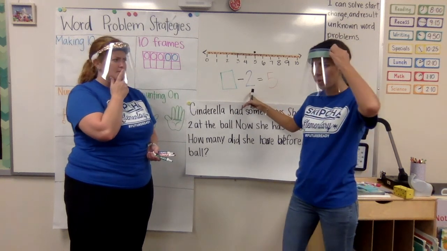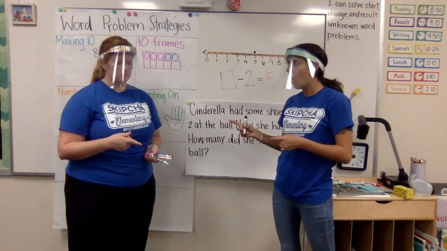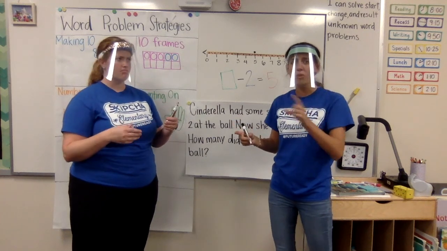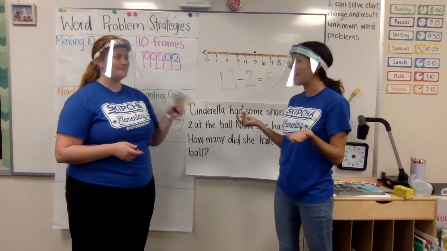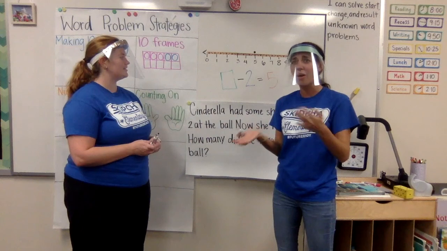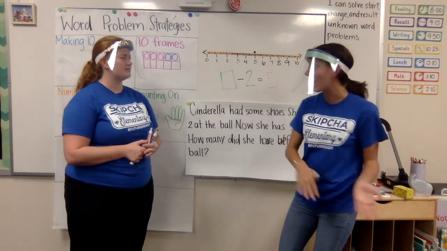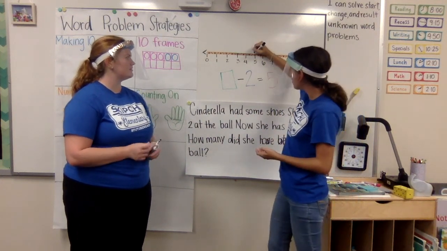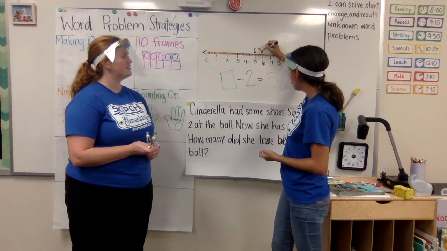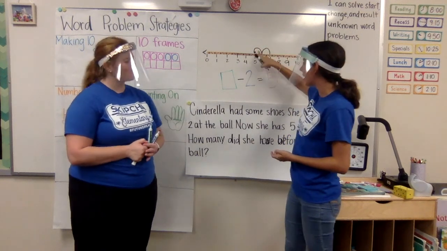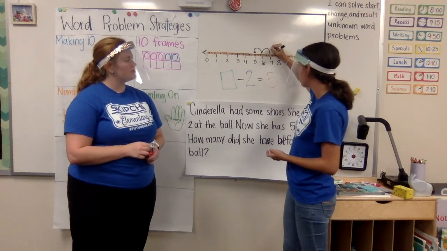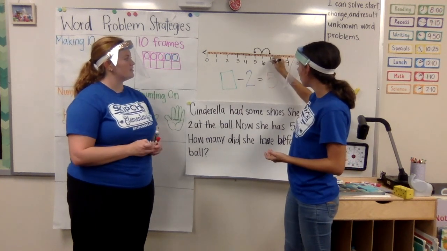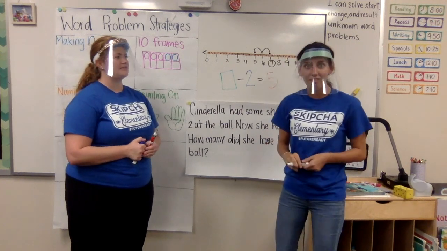So I remember in our recess problem where I added the kids who left back in because I wanted to see how many were there at the very, very beginning. So I'm going to add the shoes that she lost to my number line. So I'm making 2 jumps for the 2 shoes she lost, and I end up at the number 7.